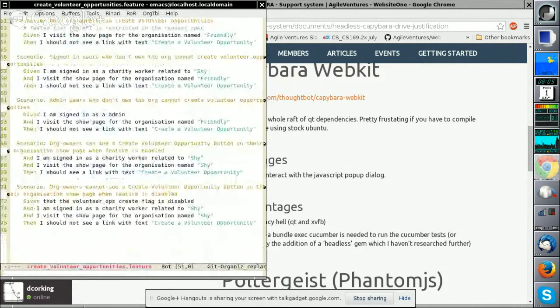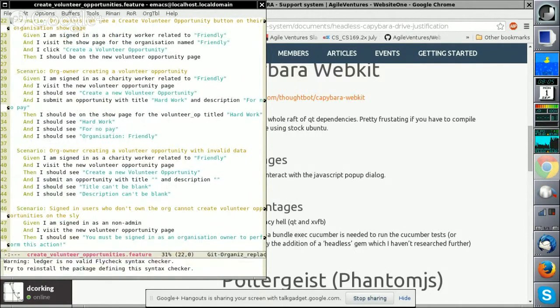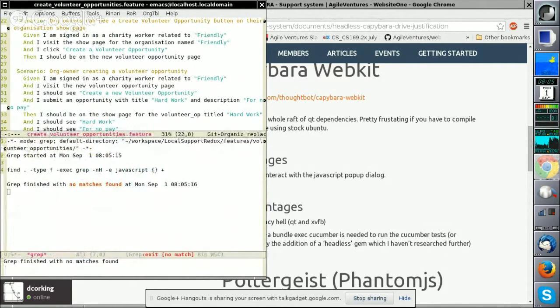What we have got on some of our scenarios is annotations, so they load Capybara WebKit just for those annotations. So that's what we've got in local support.